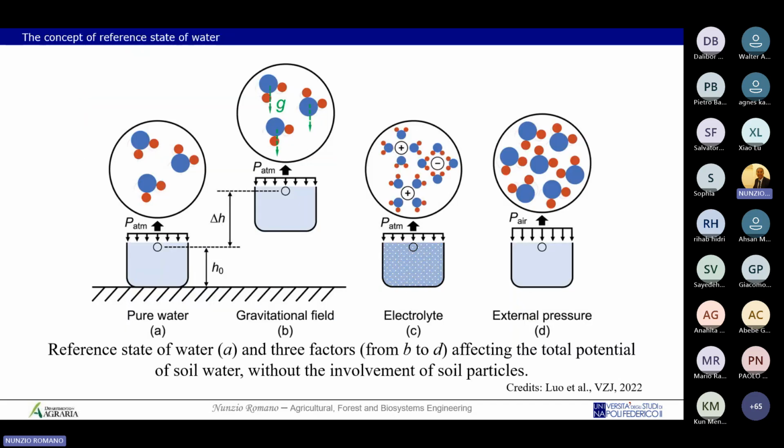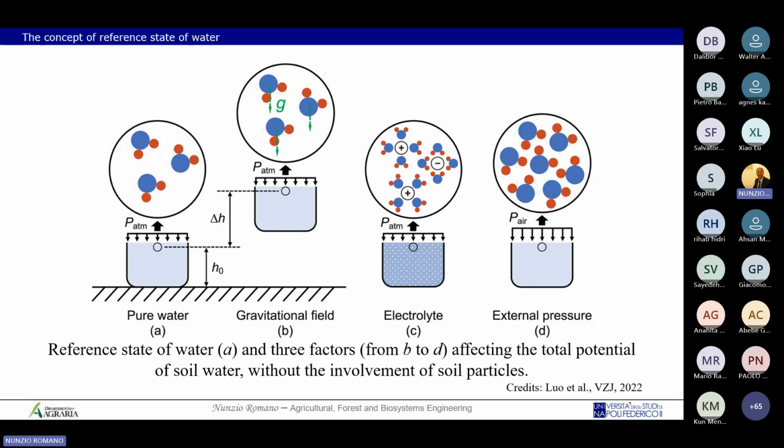I think this slide is very informative, taken from the paper by Liu and others published in Vadose Zone Journal in 2022. And I hope this is very informative. At least it was for me. We have the pure water.